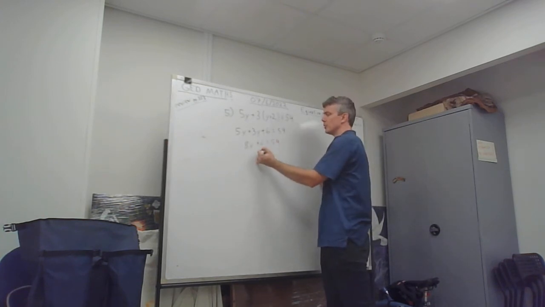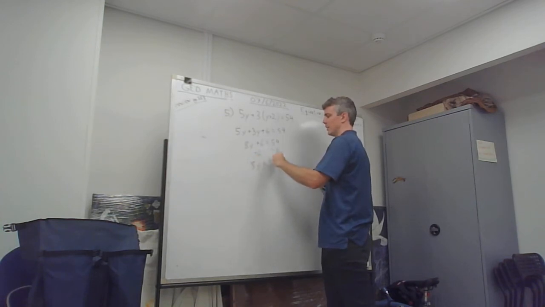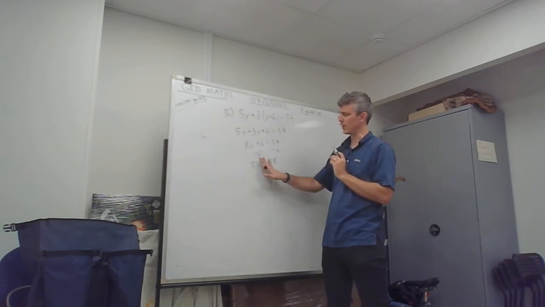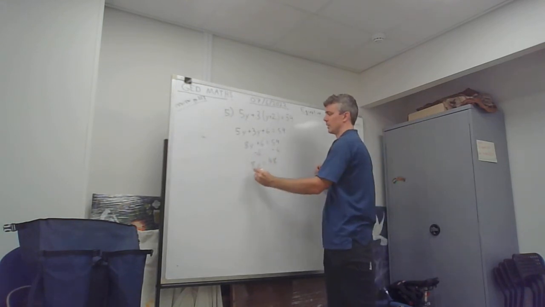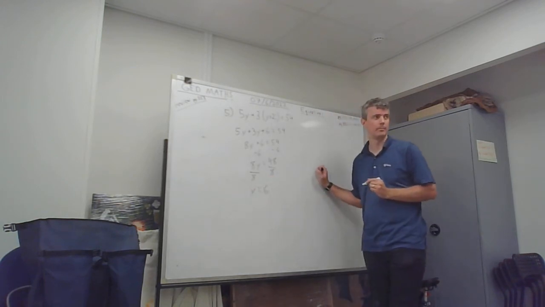But usually it's easier to do this, so we subtract 6 from each side. Now we get 8y equals 48. Now we have just the variable, so we divide by 8 on both sides. So y equals 6.